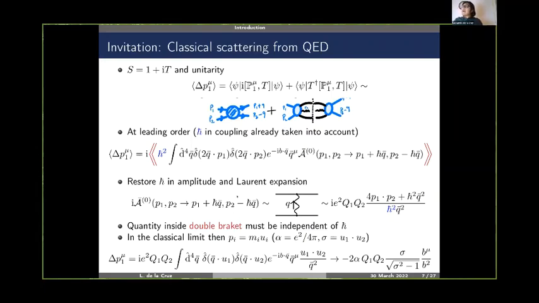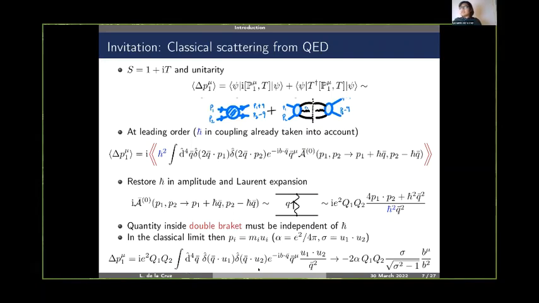If the quantity inside the bracket is independent of h bar, then the integrals associated with the wave packets trivialize. So what I can do is simply set, in the classical limit, the momenta to their relativistic expression, just making this substitution once the quantity in brackets does not depend on h bar.